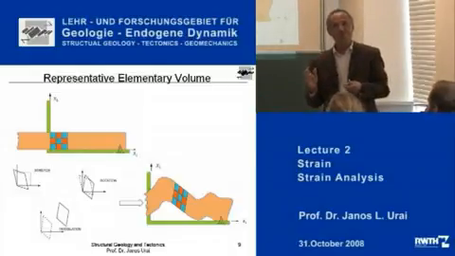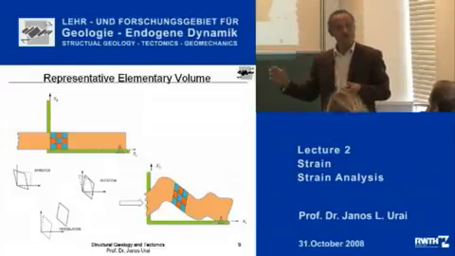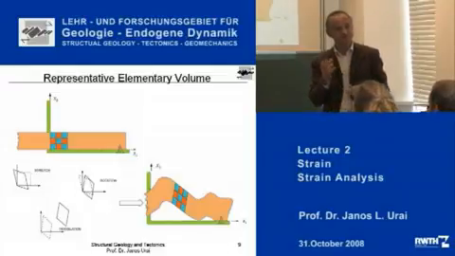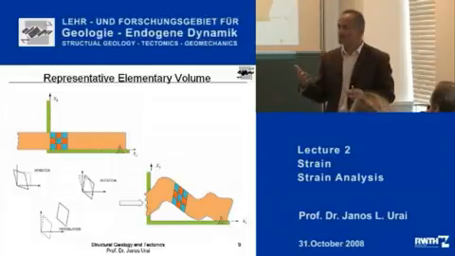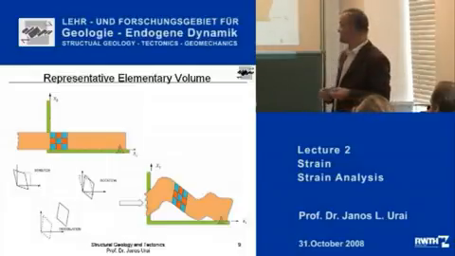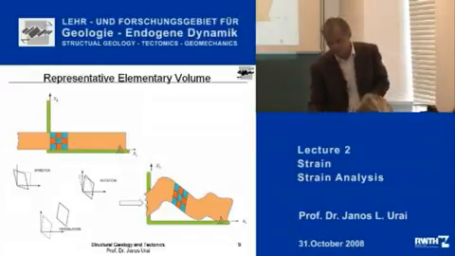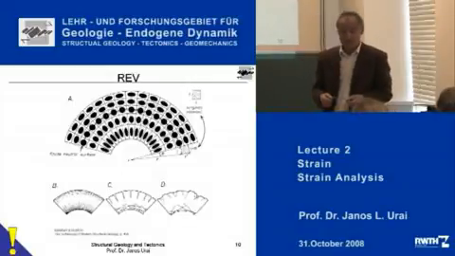And if I want to describe the deformation of a very complex deformed rock, I would have to divide it into small elements which have been deformed homogeneously, so that for each element I can give a simple mathematical description of the deformation. Representative elementary volume. A simple example is a fold.